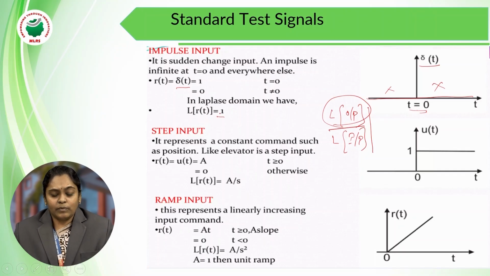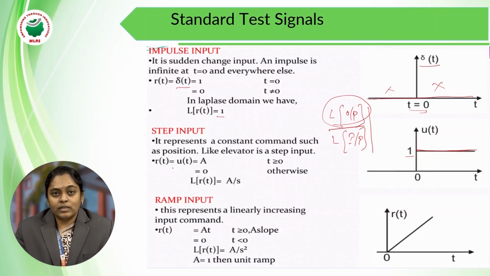Coming to the second type of signal, which is the step signal. In this step signal, we have a constant amplitude for the positive values, and there are no values for the negative values. And if you assume that the amplitude of this step signal is 1, then it is called a unit step signal. So it has a constant amplitude, and it is present only for the positive.